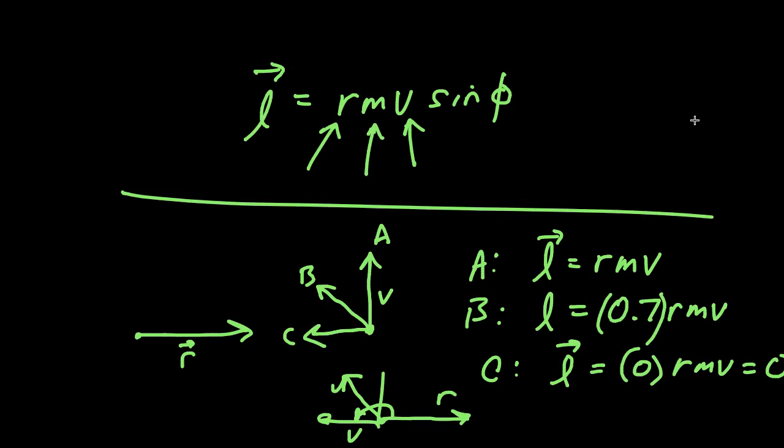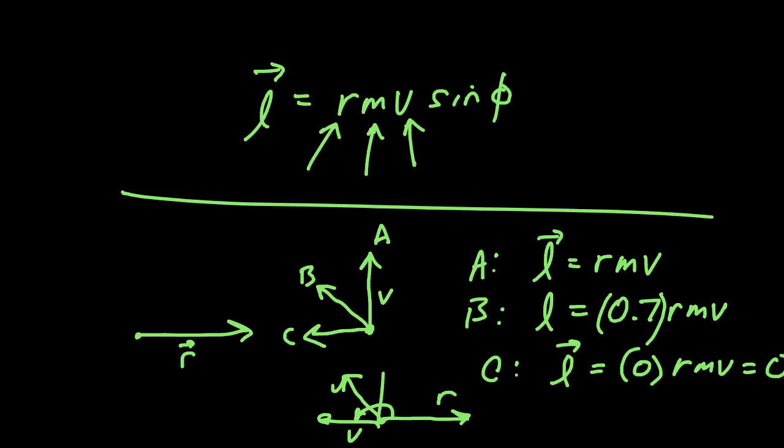And another thing to note here is, if you look at the relationships, what angle gives you the greatest angular momentum? This is the same as in the case of torque, where if you want the maximum effectiveness from a force, you want to apply it perpendicular to the radius vector.